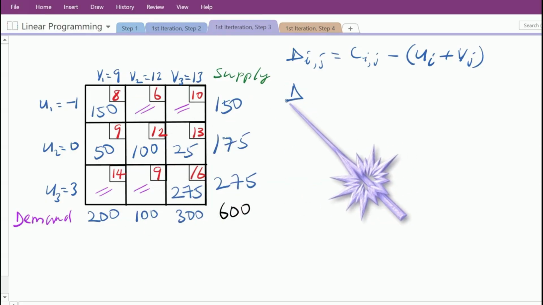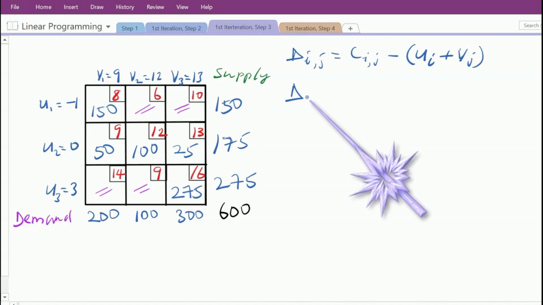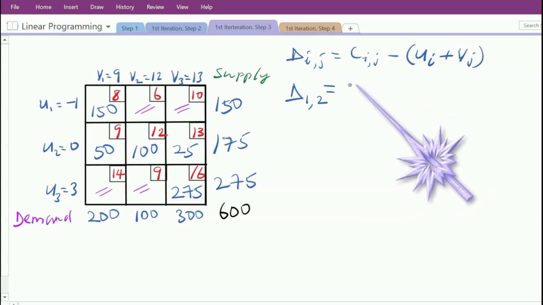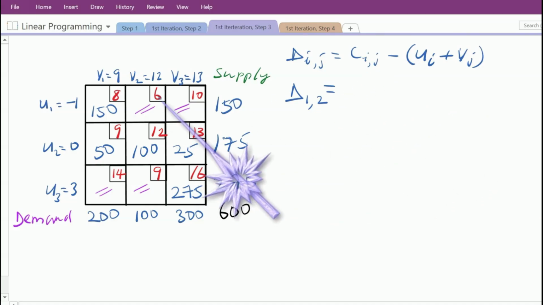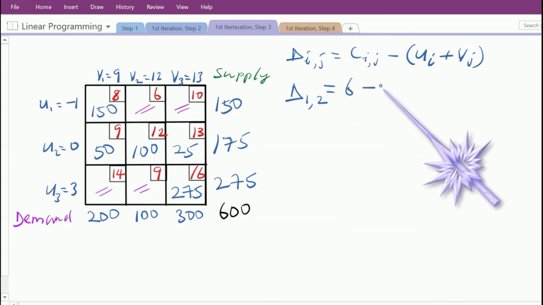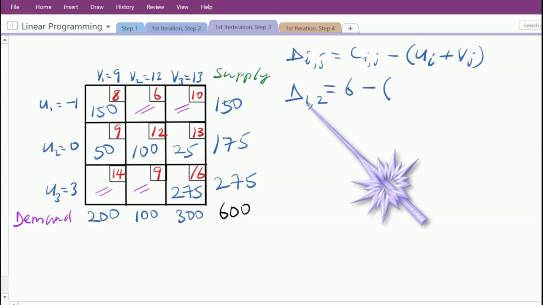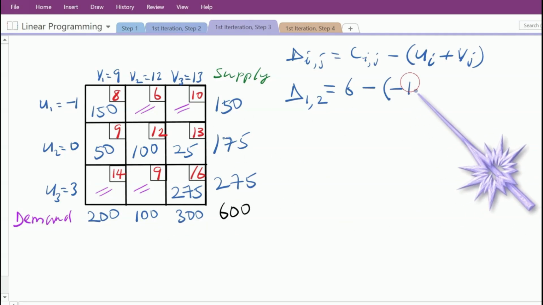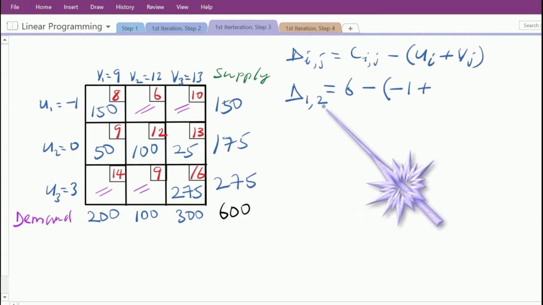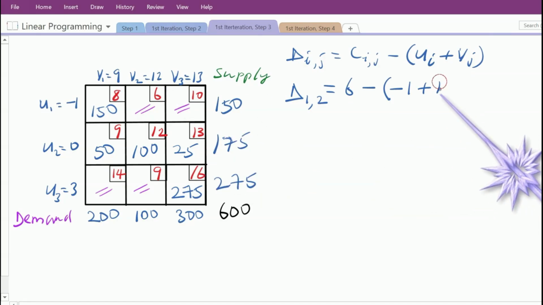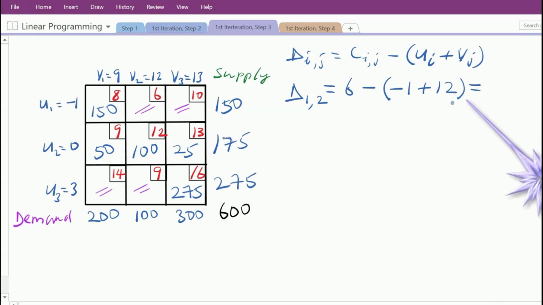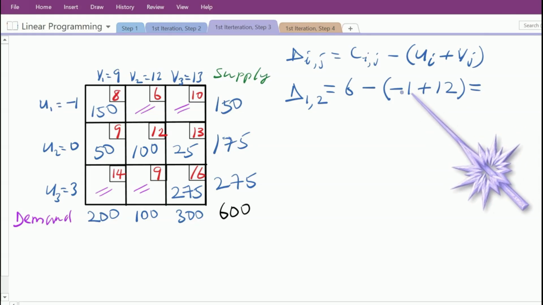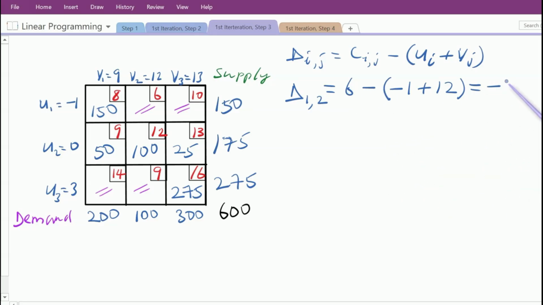So we have delta 1,2 is equal to Cij, that's C12, which is 6, minus bracket open U1, which is minus 1, plus V2, which is 12. That will give us 11. 6 minus 11 will be minus 5.